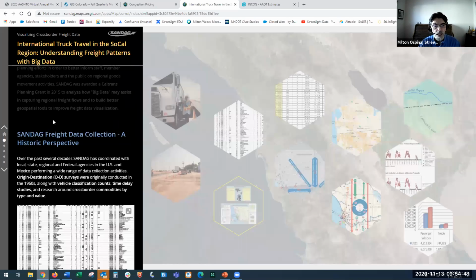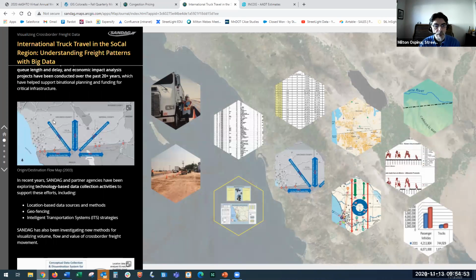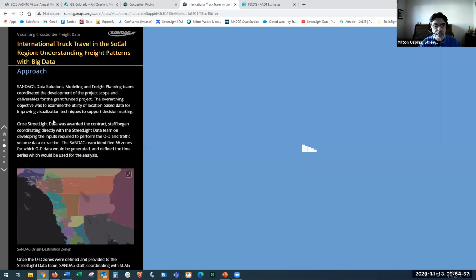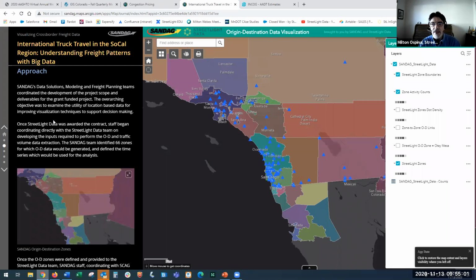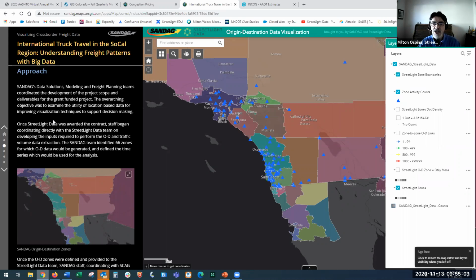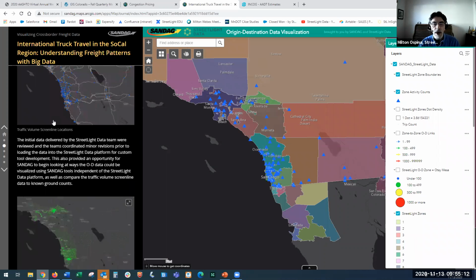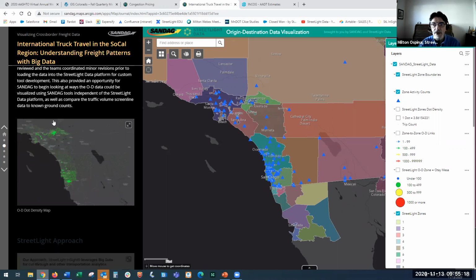They have some of their own data, but one of the things that they needed to be able to do was start bringing some StreetLight data. So again, they did an origin destination analysis, then they did a volume analysis, the entire volume of all the trips, and then they wanted to go further and refine the analysis by just looking at freight or commercial vehicle information. And that's the kind of data that we can make available to our platform.